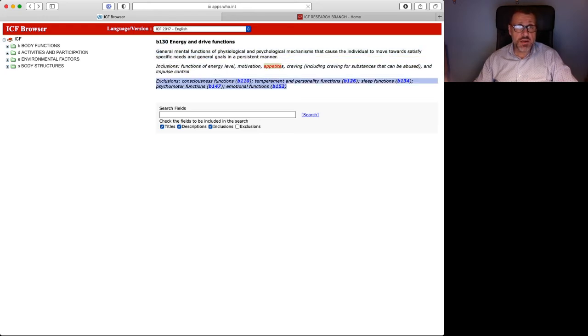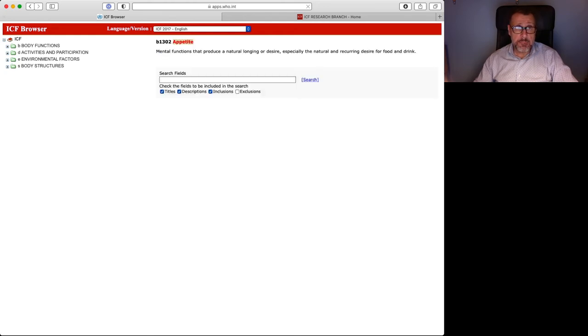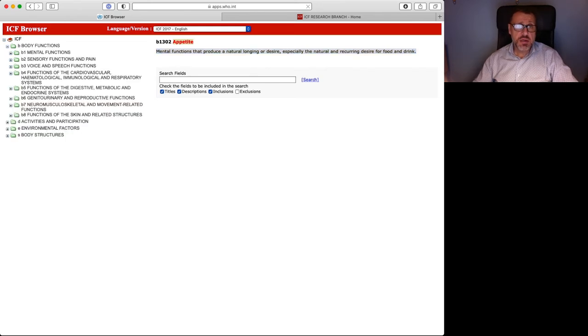We can go back and look at second level category like appetite, where we got just, as we said before, the definition. So we can search our categories in this way, or we can actually browse the classification. So we got the 8 main categories.